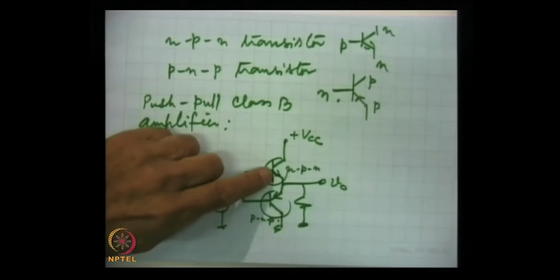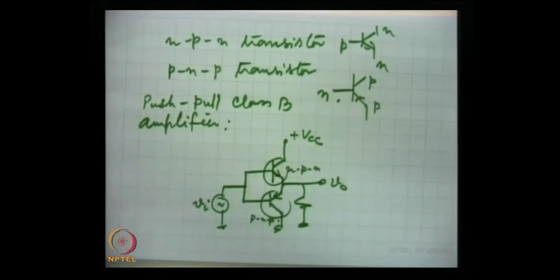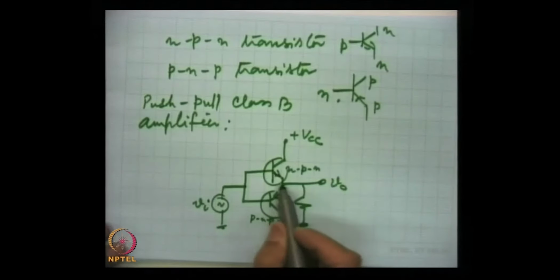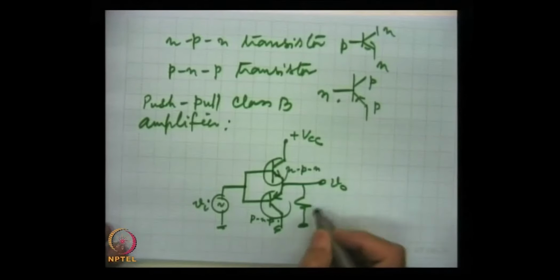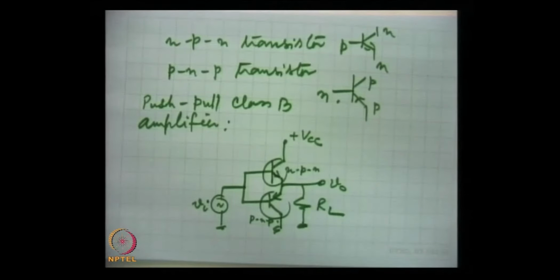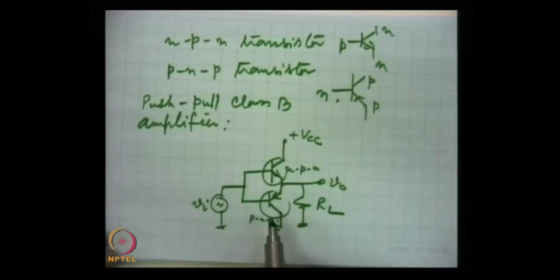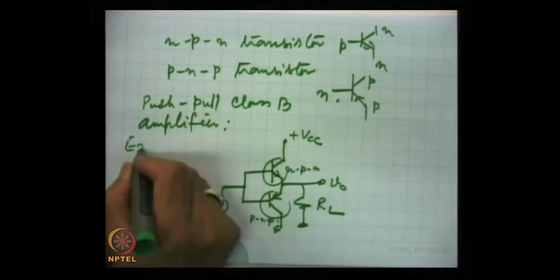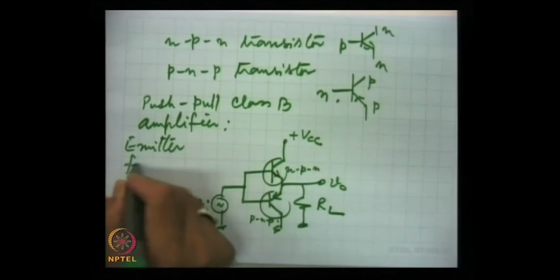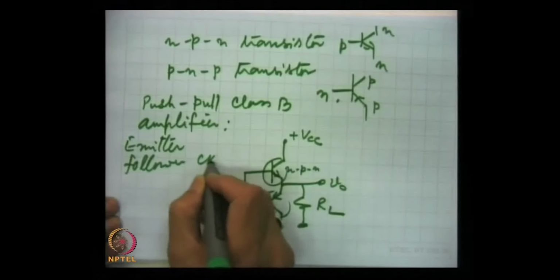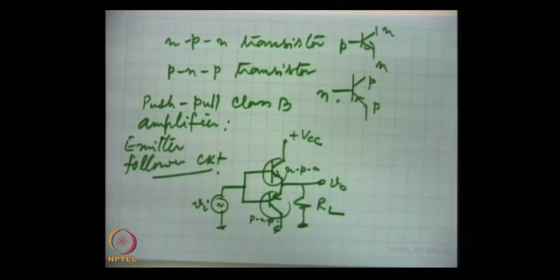And their emitters are connected together, and to the common emitter the load is connected. So, this is actually the connection of the transistors being used, because we are taking output from the load connected to the emitter. So, it is an emitter follower circuit, which is most widely used. This can be constructed with the common emitter configuration also, but most common is this.